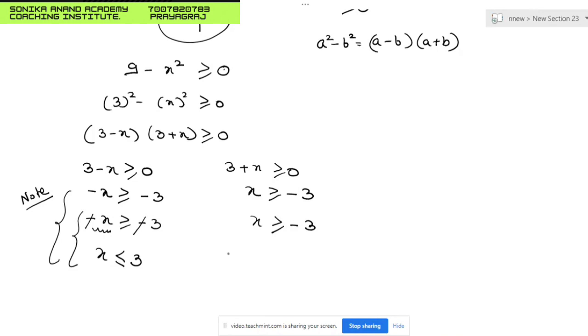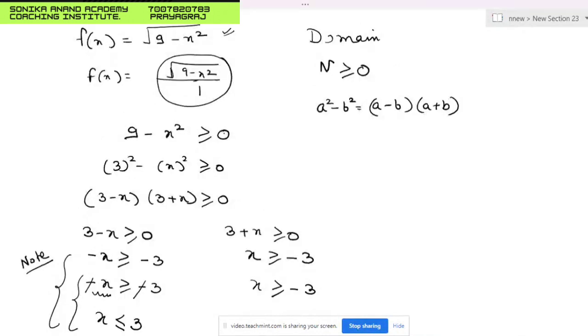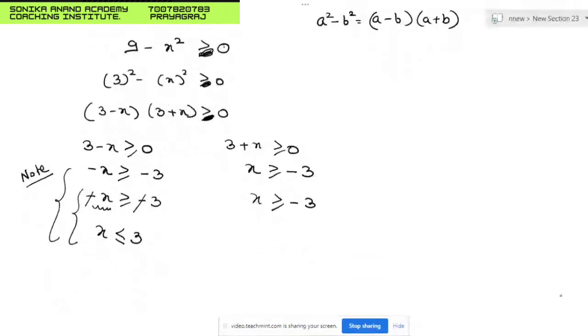Actually, I have done something wrong. If it has an under root, write only greater than 0. If we don't have an under root, then we write greater than or equal to 0. You have to remember all these things, because domain and range is a typical topic, so you have to follow that.